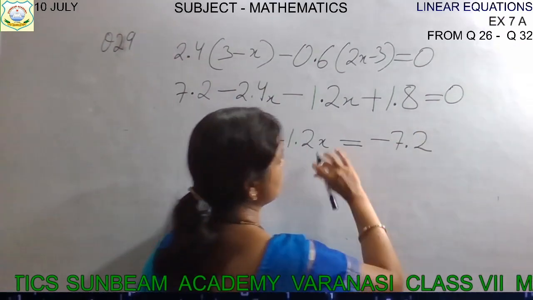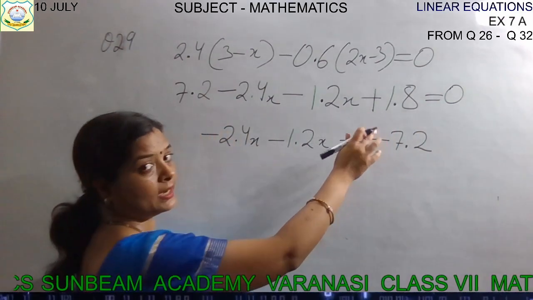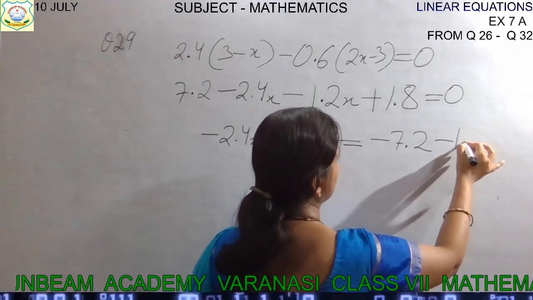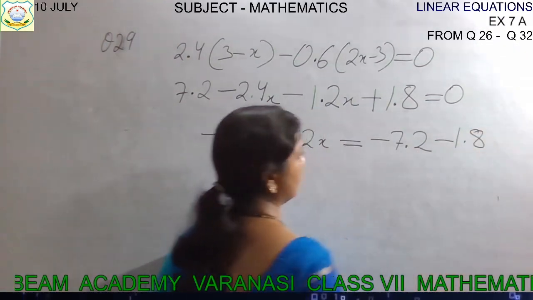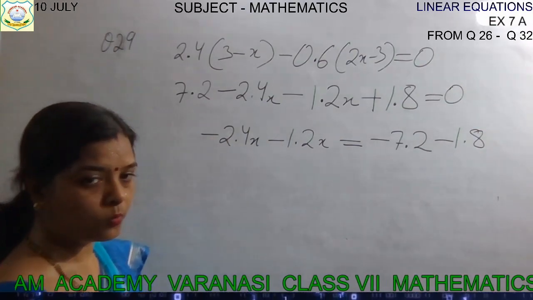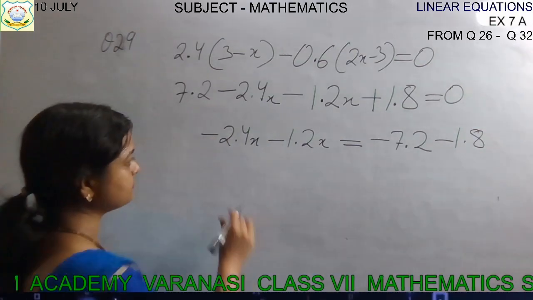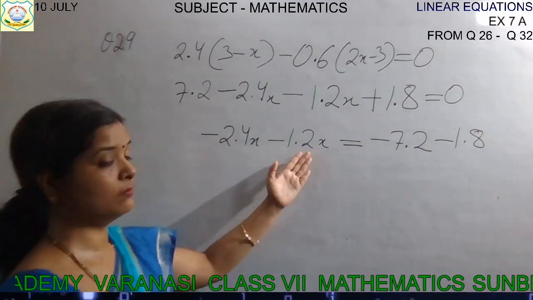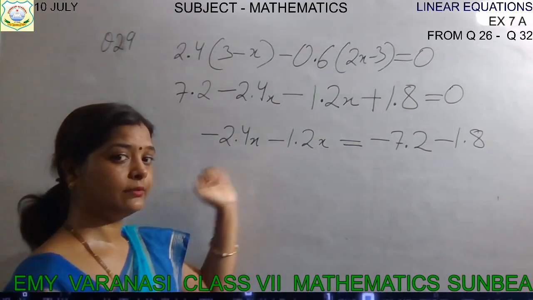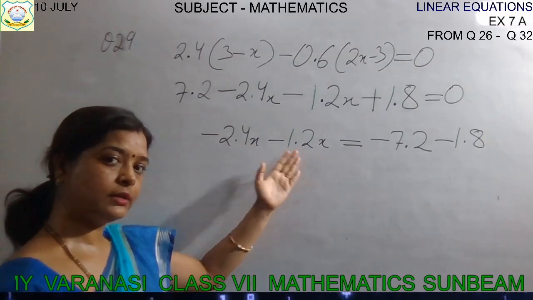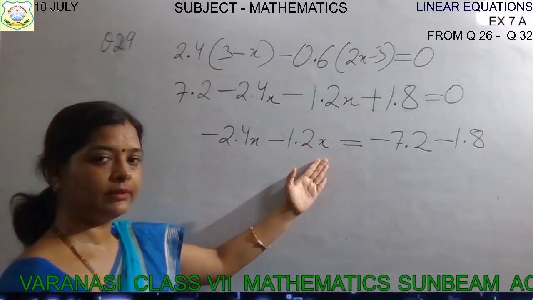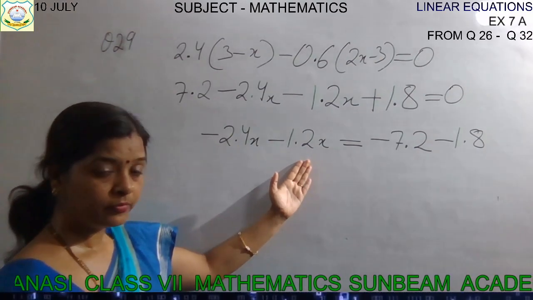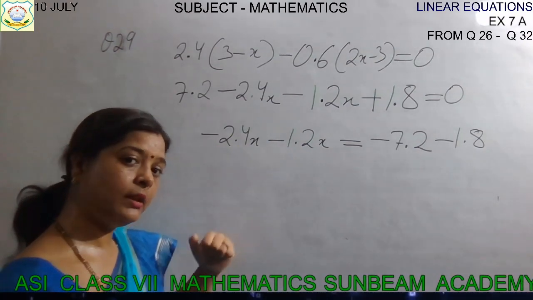Minus 7.2. And plus 1.8 when transposed to the other side will become minus 1.8. Okay, minus 1.8. Now what will be the next step, children? Just solve it. Both are negative terms, and both have x, so we can simplify it. Both are negative, then what will we do? We will add them.